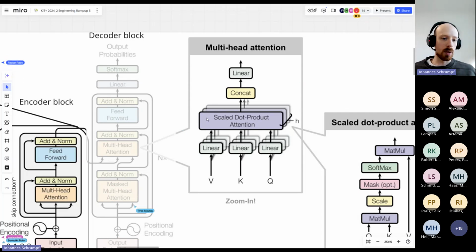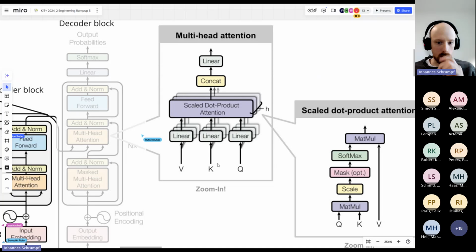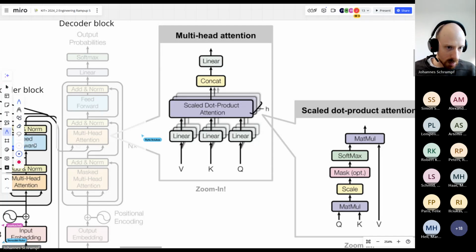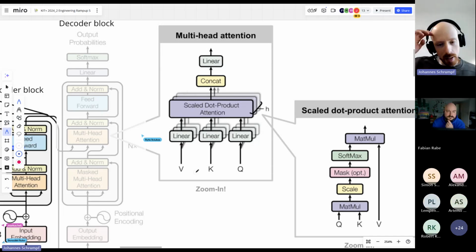The multi-head attention block is a cascade of processing, or it's a multiplication. Not multiplication. Okay, so first of all, let's look at it.